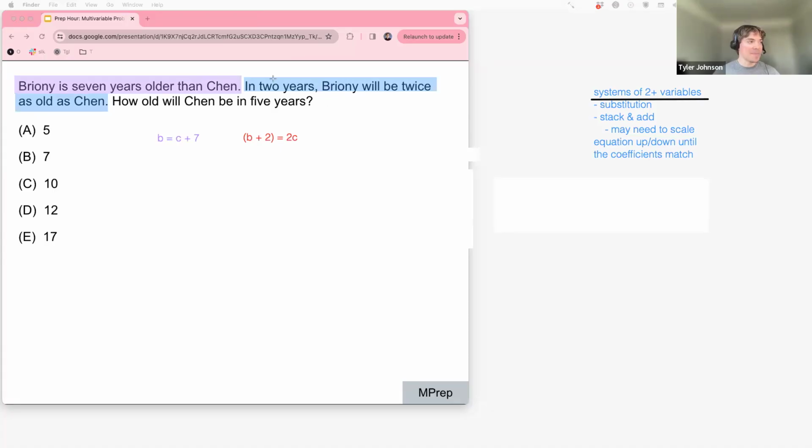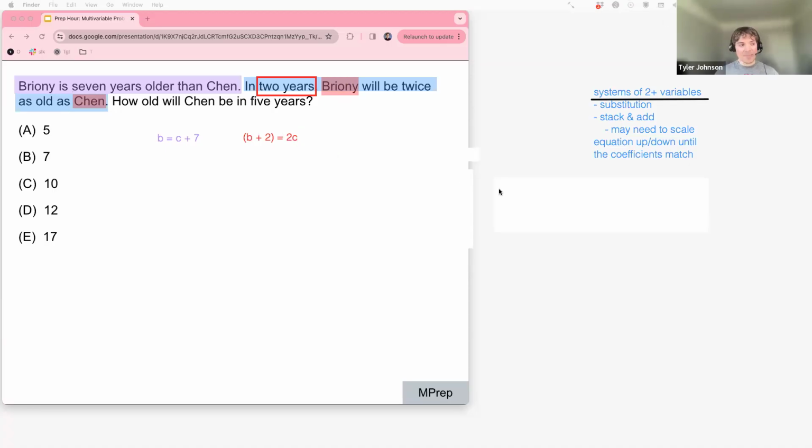The issue with that is this phrase, in 2 years, that's going to be affecting both Brioni and Chen. And this equation right now tells me Brioni 2 years in the future is equal to 2 times Chen's current age, right? I haven't yet put Chen into the future.